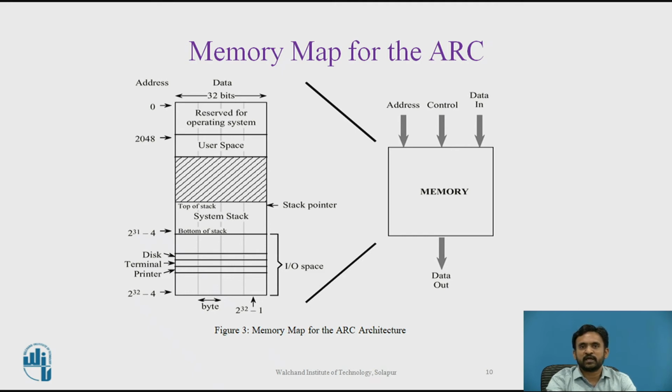The system stack starts at location 2 to the power 31 minus 4 and grows towards lower addresses. And the portion of the address space between 2 to the power 31 and 2 to the power 32 minus 1 is reserved for IO devices. Okay.